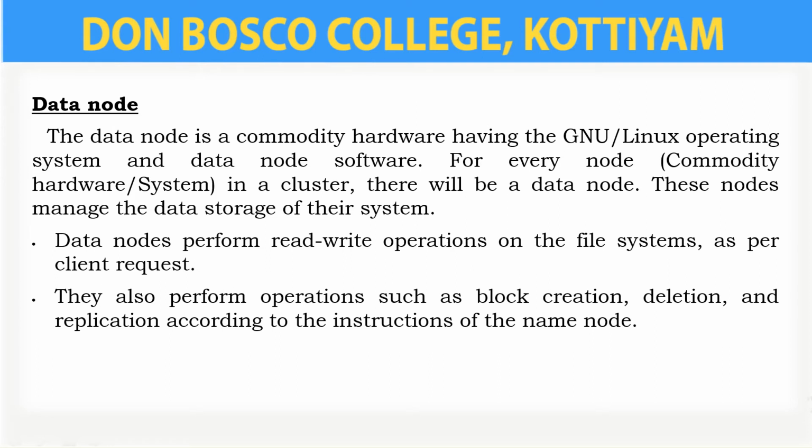The actual data is stored on data nodes. The data nodes perform the low-level read and write requests from the file system clients. They also perform operations such as block creation, deletion, and replication according to the instructions of the name node.